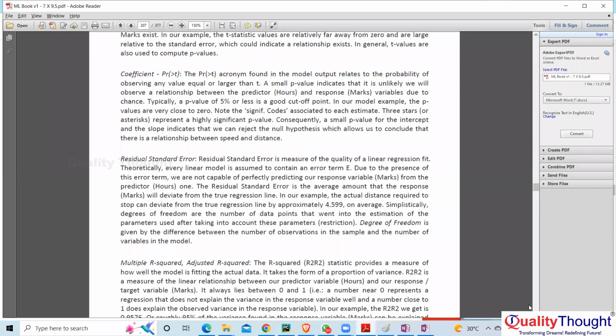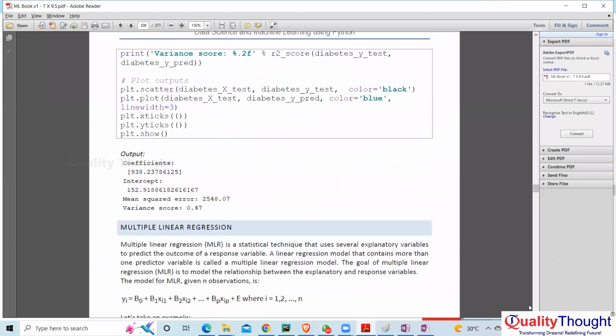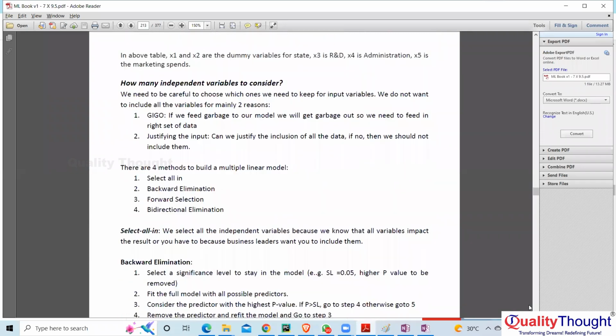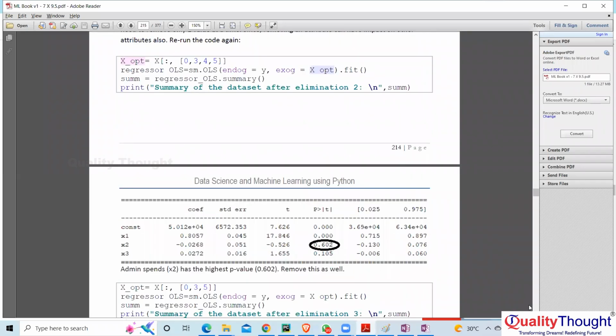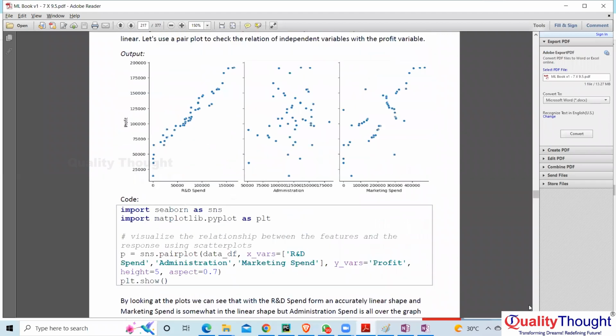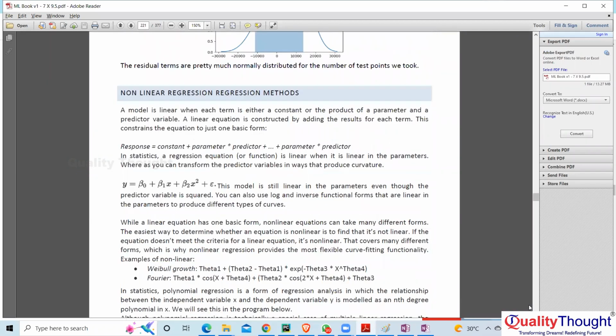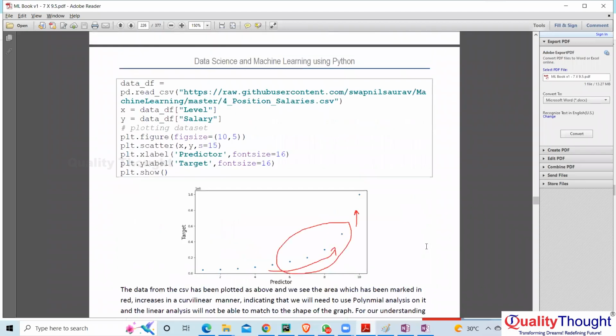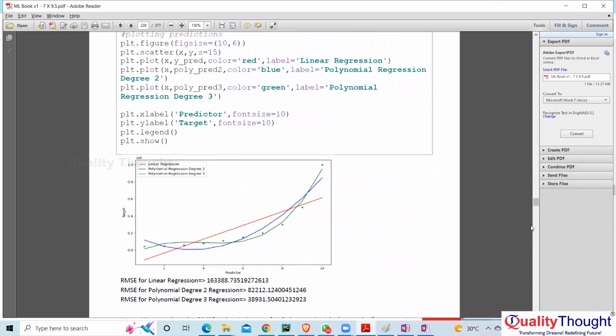It's towards the end that I'm talking about it. It's in the last.